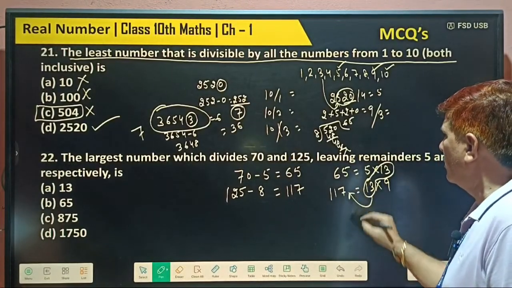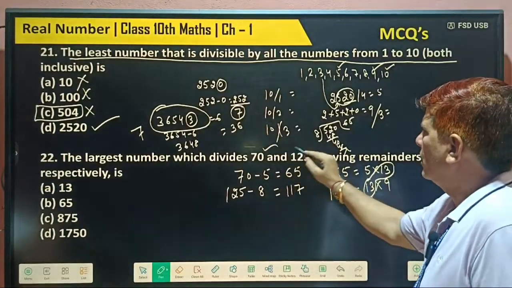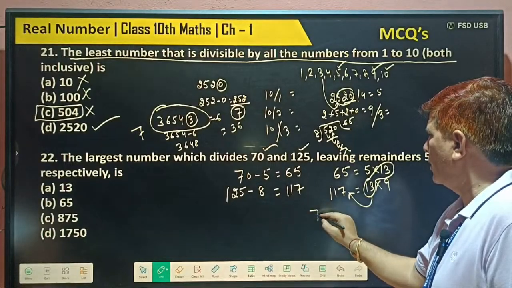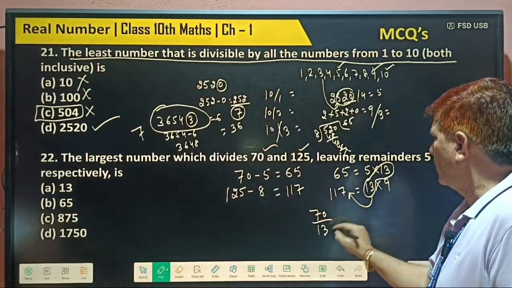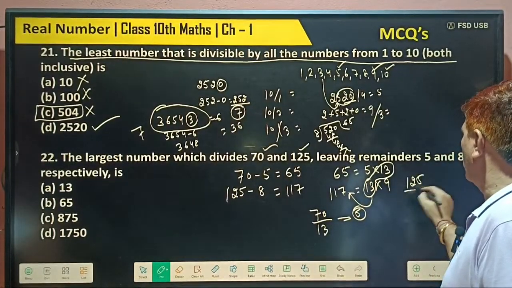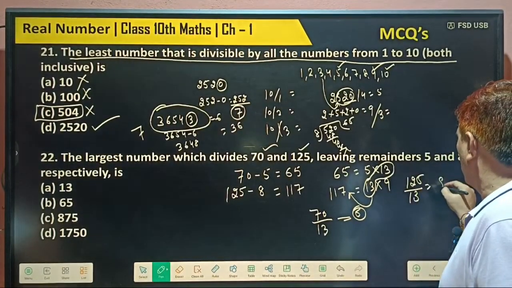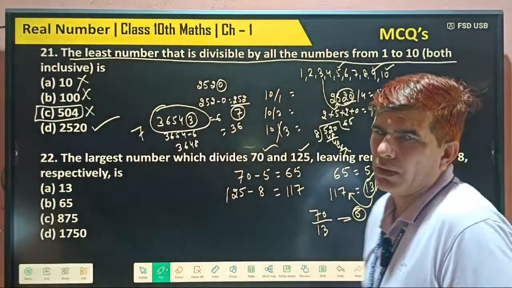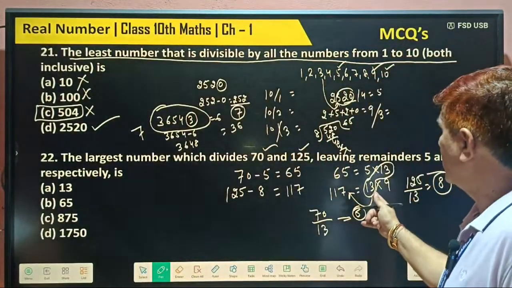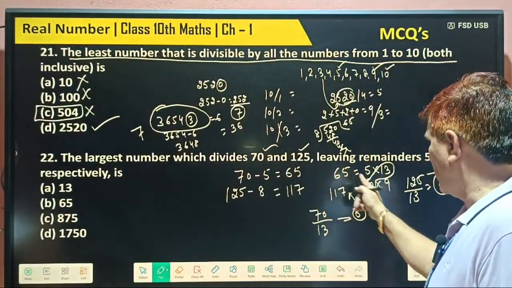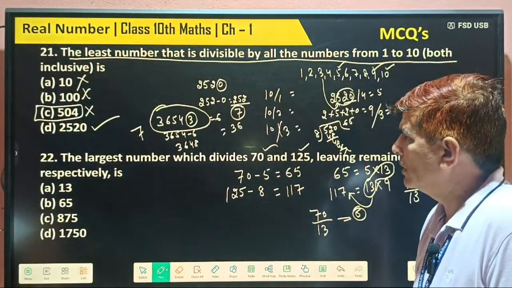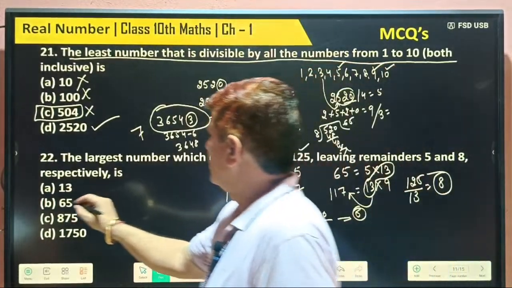Both are divisible by 13. 70 when divided by 13 leaves remainder 5, and 125 when divided by 13 leaves remainder 8. So this is the method: subtract the remainders, then find their HCF. That's your answer. So which one is your answer? First.